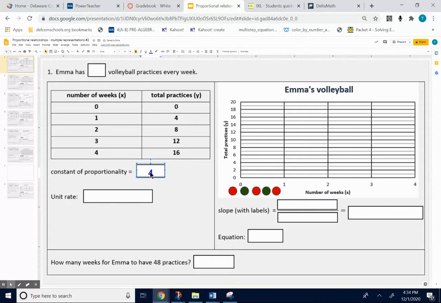And then if you think of that constant of proportionality with labels, instead of thinking of 4 divided by 1, for example, think of it as 4 practices for every 1 week. So the unit rate is 4 practices per week.